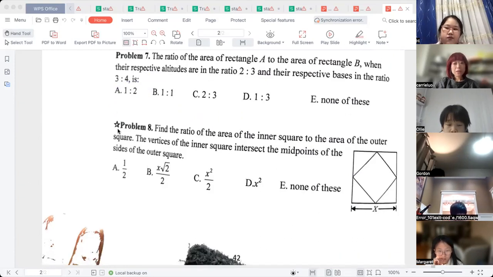So problem 8, find the ratio of the area of the inner square. Let's take a look at this one. Meanwhile, I need to copy more questions. Gordon, do you mind reading it for me?